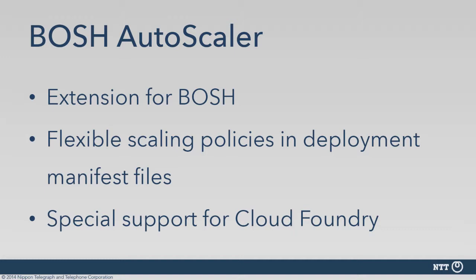You can define auto-scaling policies in your deployment manifest for your Cloud Foundry deployment, such as scale out DEAs when the average CPU load of DEAs is higher than 1. Since this auto-scaling works basically on the BOSH layer, you can auto-scale not only Cloud Foundry, but also Hadoop, Riak, and other BOSH releases as you like.